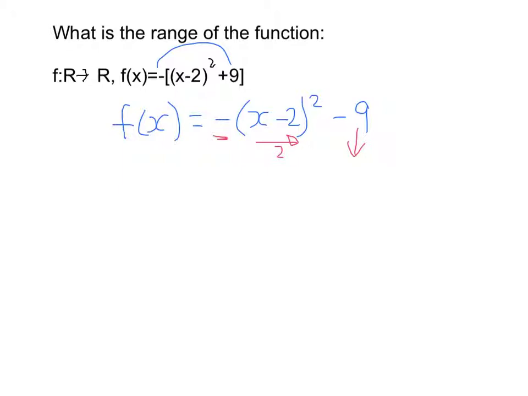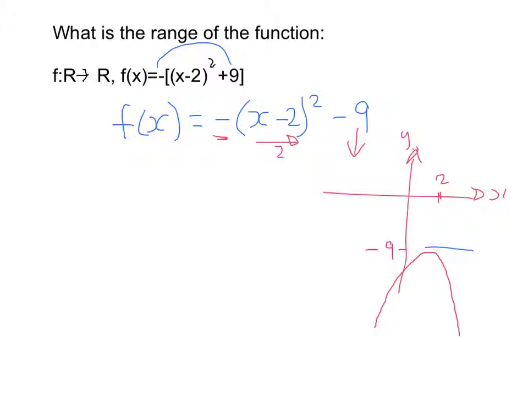So the graph of this will look something a bit like this, where we have a turning point at (2, -9). So the range for this particular function will be anything from -9 downwards, going as far as -infinity.